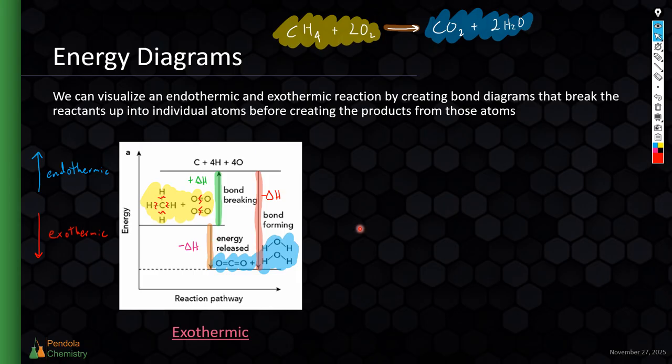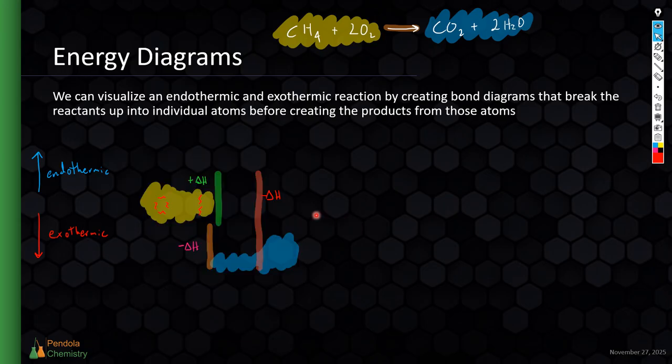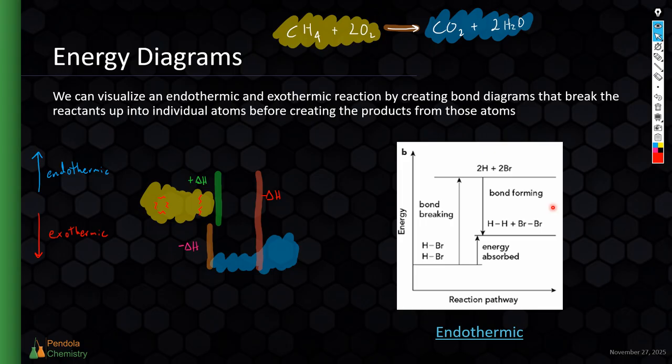On the other hand, if we had an endothermic process, like this one, we will have the opposite case. In this particular case, if we have our reactants, I'm going to highlight them in the same color so we can follow along more easily.